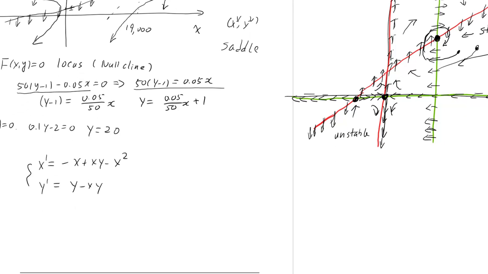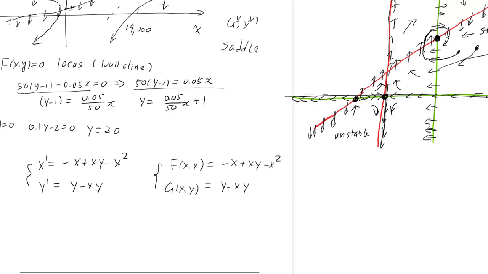Now we need to take partial derivatives. So f of x,y is equal to negative x plus xy minus x squared, and g of x,y is equal to y minus xy.